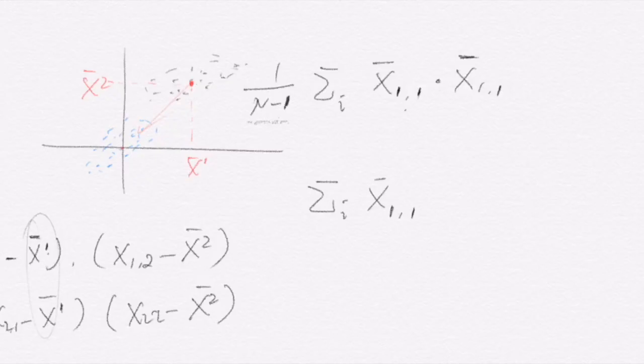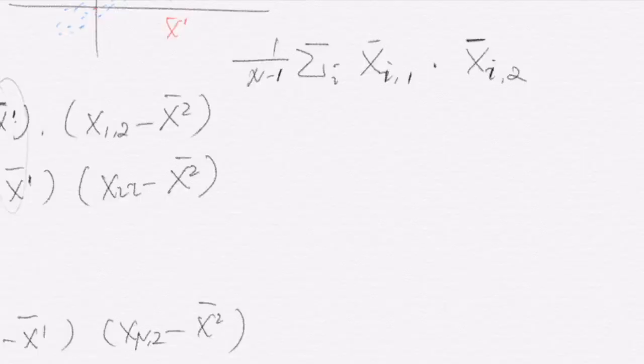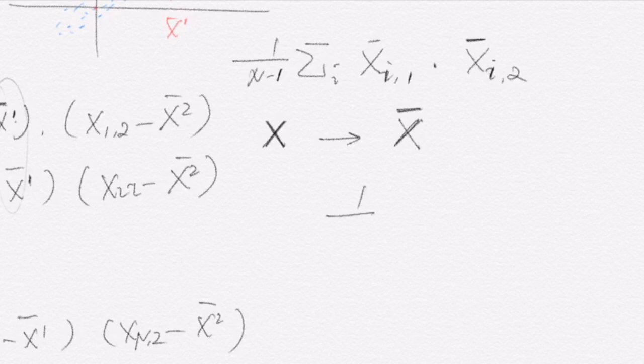The centered first attribute multiplies the centered second attribute and divides the overall accumulation by n-1. The entire operation can be denoted in matrix operations. We can call the data matrix X and the centered data matrix X bar. Then the computation above would be: the covariance matrix equals the transpose of the centered data X bar multiplied by the centered data X.